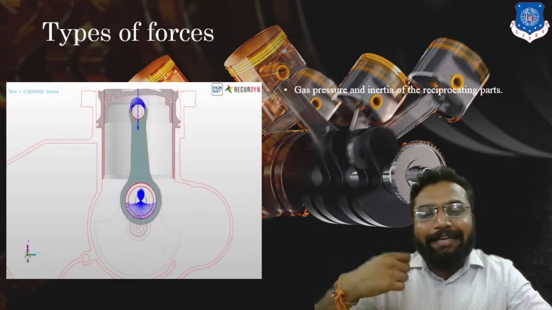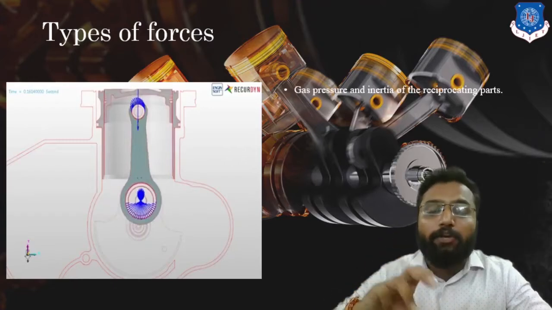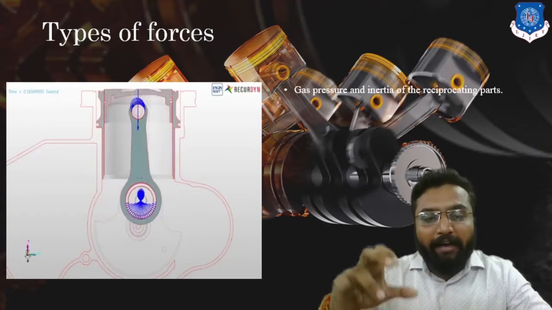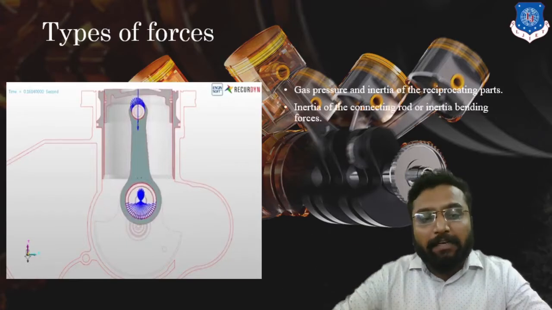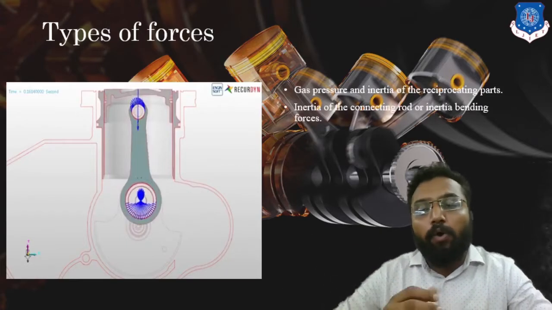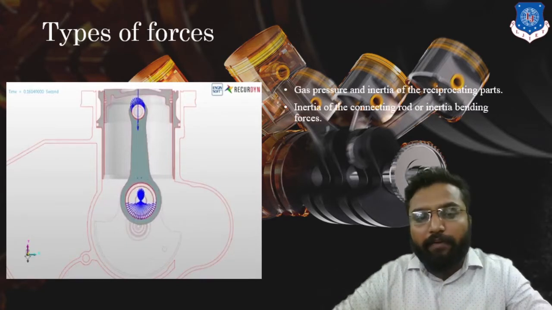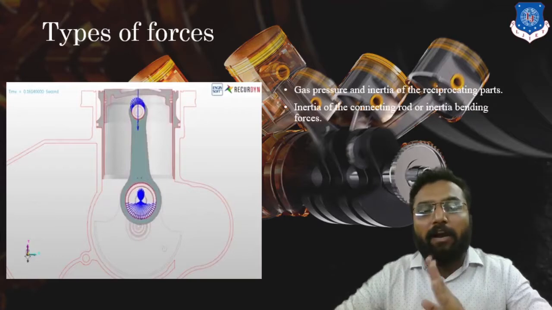It acts directly on your connecting rod and tries to buckle it, as it is considered a short column. After that, the inertia force also tries to buckle this connecting rod. So we have to design our connecting rod so that it can easily withstand this buckling force.